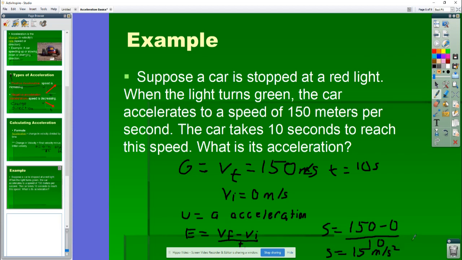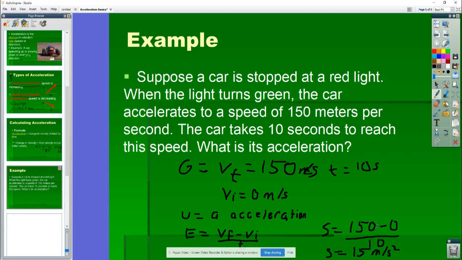So everyone's going to say, Mr. T, how did you get meters per second squared? How did you know your answer was in that? I didn't write it out because, one, I'm constrained on space here, and two, it's hard enough to write on the computer. But when you're doing problems, if you really need to know what the units are, and you haven't memorized them, the easiest thing to do is to leave the units in the problem.